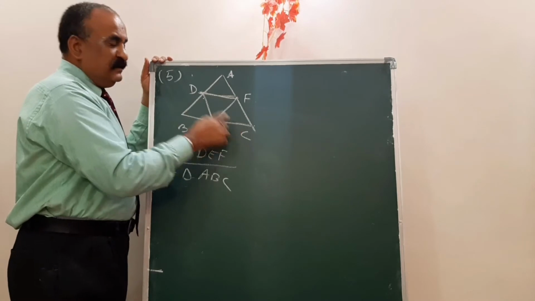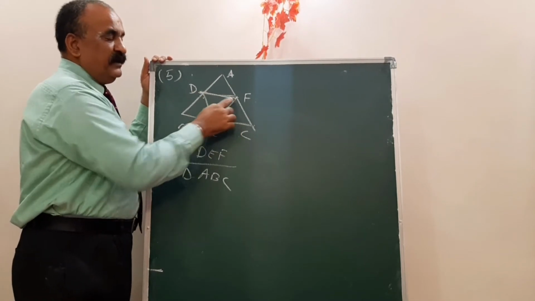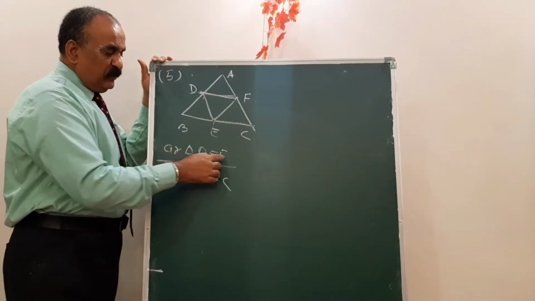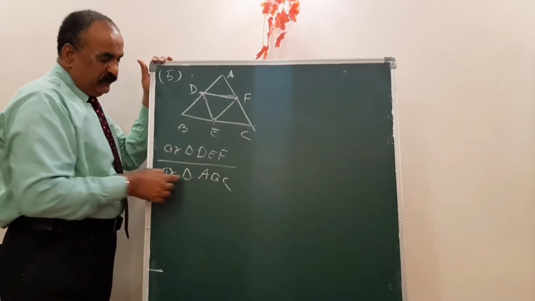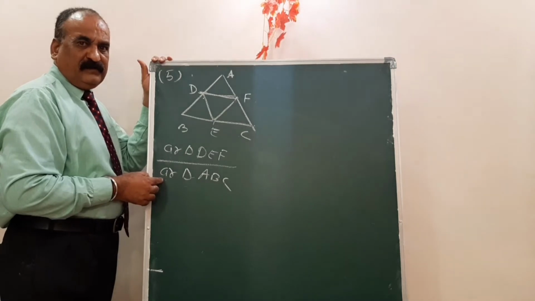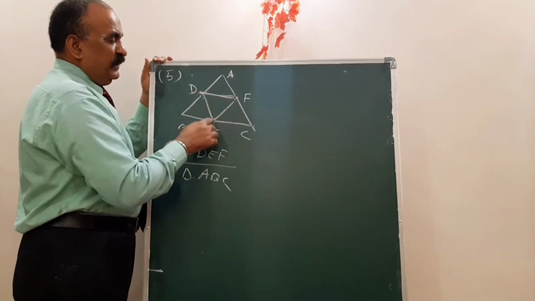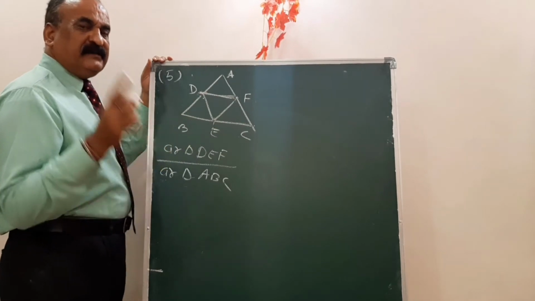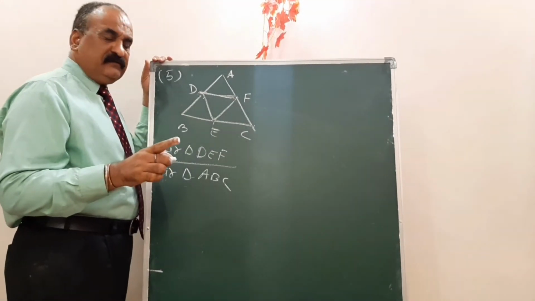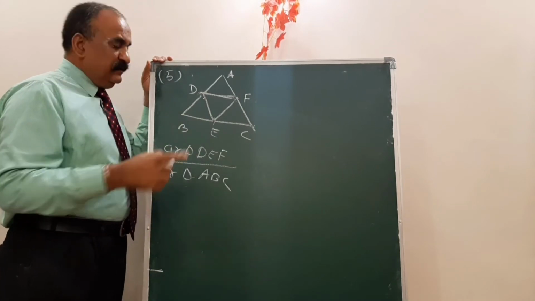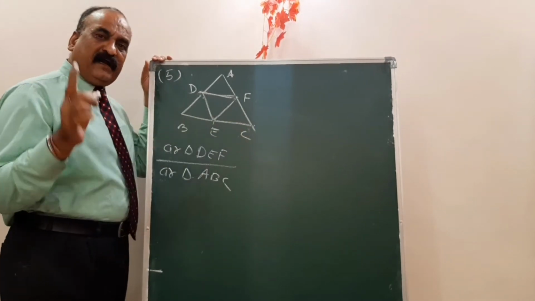Again, I want to tell you what is given to you. ABC is a triangle in which D, E, F are the midpoints, and you have to find the ratio of area of triangle DEF upon area of triangle ABC. Clear? See, D, E and F are the midpoints. By the midpoint theorem we know that the line segment joining the midpoints of two sides of a triangle is parallel to the third side and half of it.